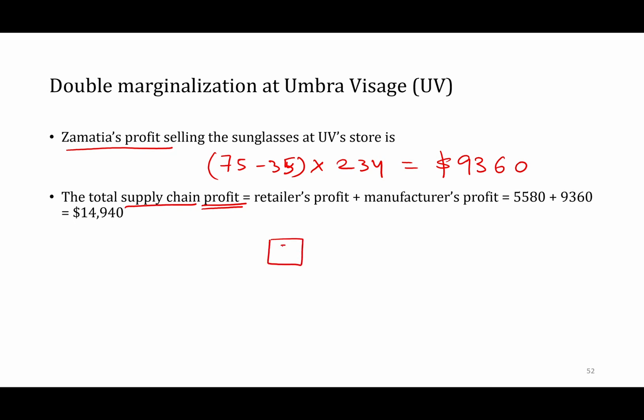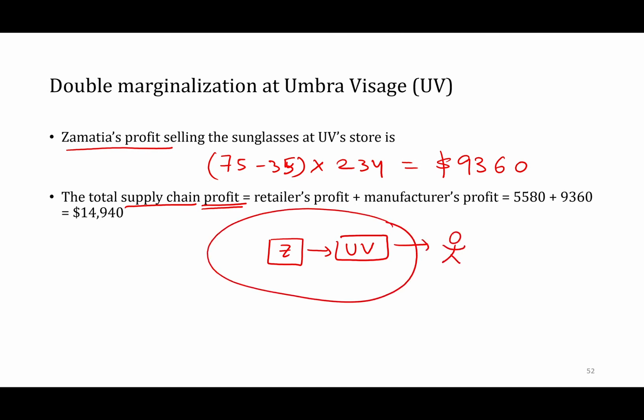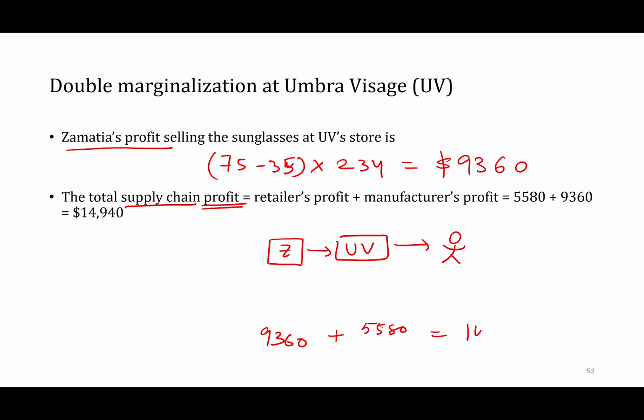So as a whole, how much profit did the supply chain make, Zematia and UV put together? This one makes 5,580, this one makes 9,360. So overall, put together, they make 14,940.